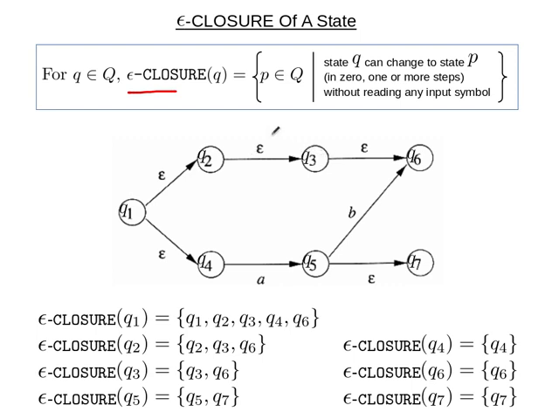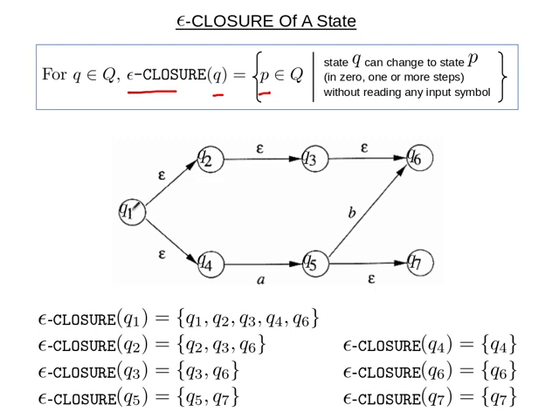So the epsilon closure of Q will be all such states to which you can change from, say, Q, such that Q can change to state P without reading any input symbol, right, in 0, 1 or more steps, right. So the 0 is important because then it says that Q itself will always be in its epsilon closure, right. So if you are in Q1, so in 0 steps you will be in Q1, right.